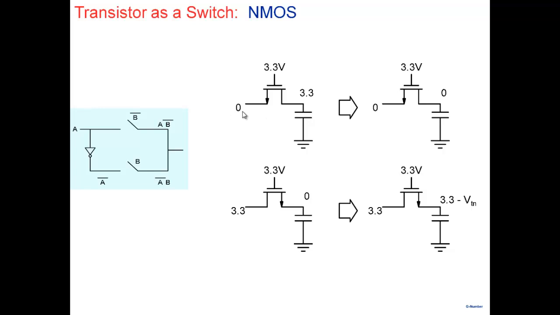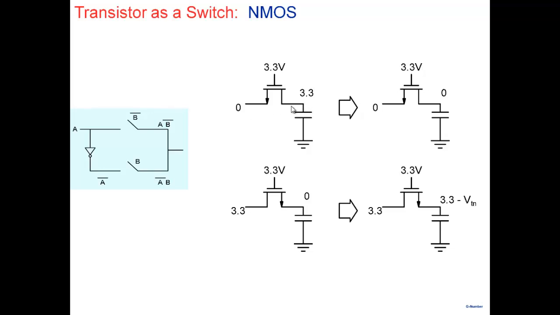For example, let's say I have an NMOS transistor here, and the other end is connected to some node, and let's say the node has a capacitance here, and say the node is charged to 3.3 VDD. So initially the node is high, and then you connect it. This is supposed to be a switch, and you turn the switch on by applying a voltage here, and you want to discharge this particular node here. You want to pass a 0.